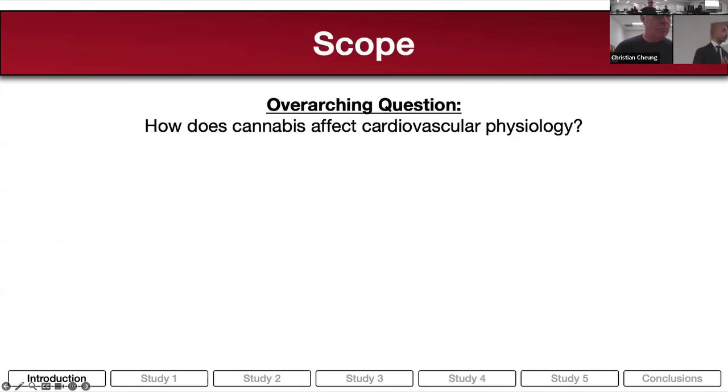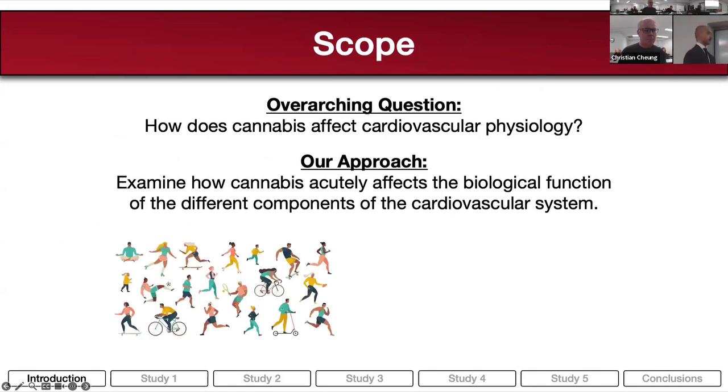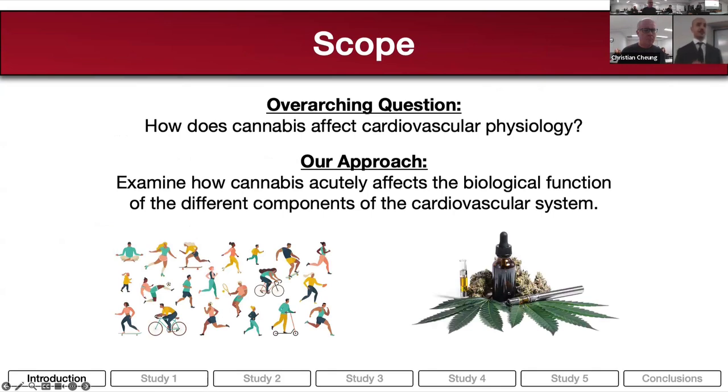So the scope of my PhD was to understand how cannabis affects cardiovascular physiology. And we approached this question by looking at how it affects the biological function of different cardiovascular tissues, both under resting conditions and in response to exercise, while trying to also get some idea of how different cannabinoids and inhalation methods affect this response.